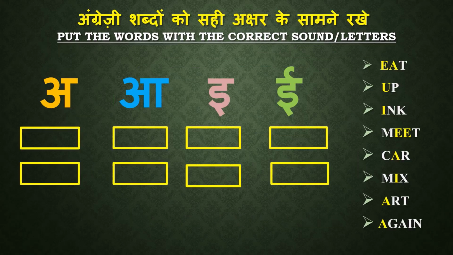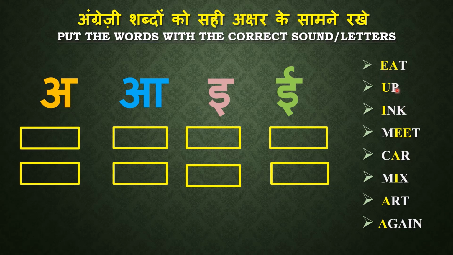अंग्रेजी शब्दों को सही अक्षर के सामने रखें. Put the words with the correct sound letters. As we can see, the four different letters given over here are a, e, and two boxes each below the letters.